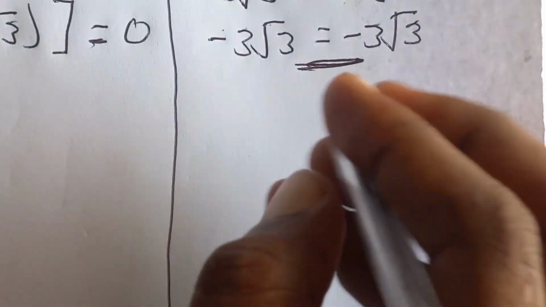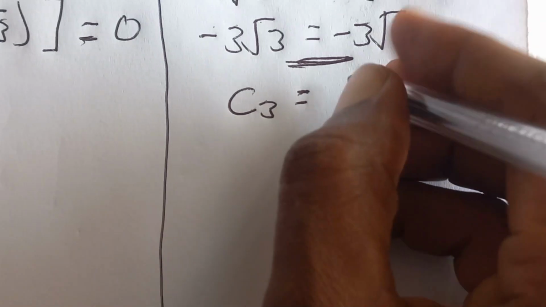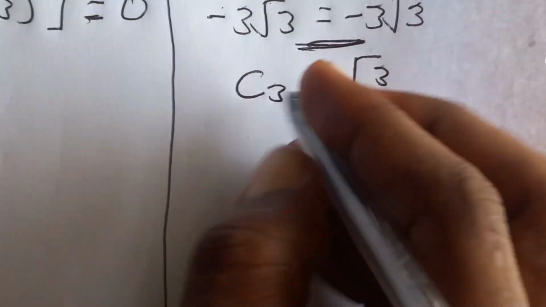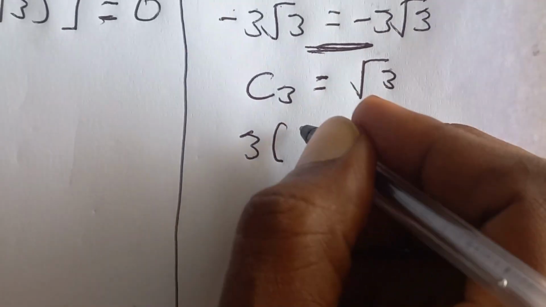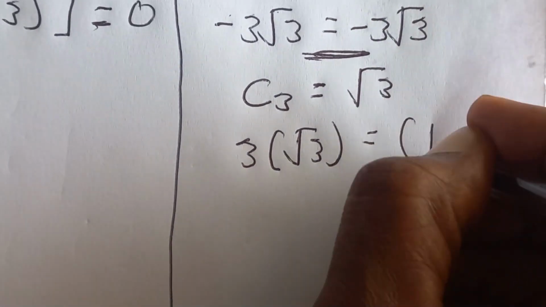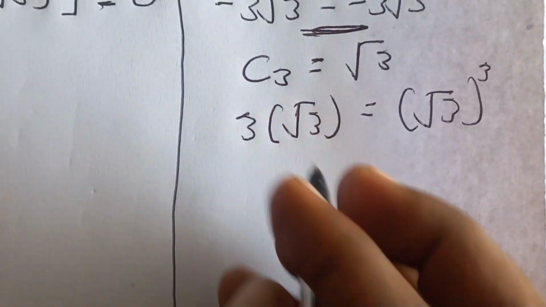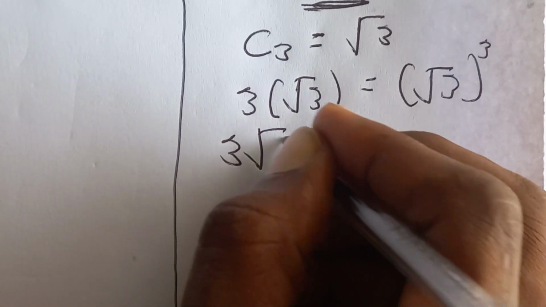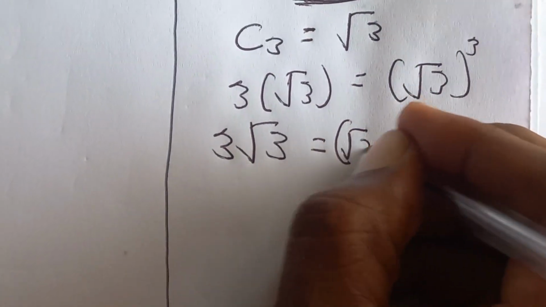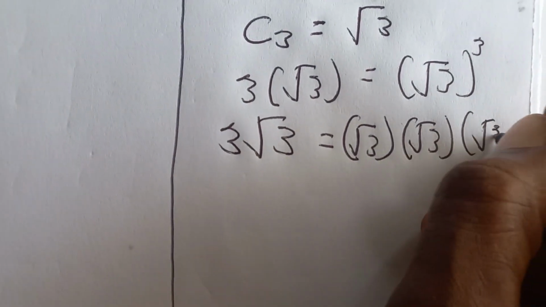It's left with c3. c3 is equal to √3. So in this case, we have 3(√3) = (√3)³. We know 3√3 is equal to √3 multiplied by √3 multiplied by √3.